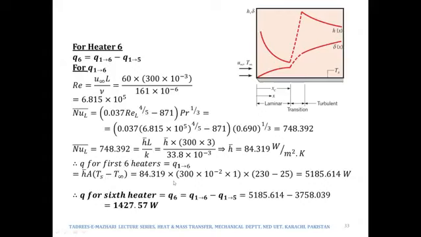And if we then put it over here, we get the heat transfer from the first 6 heaters as 5185 watts, and upon taking the difference as discussed over here in the beginning, we get the heat transfer from the 6th heater as 1427 watts.